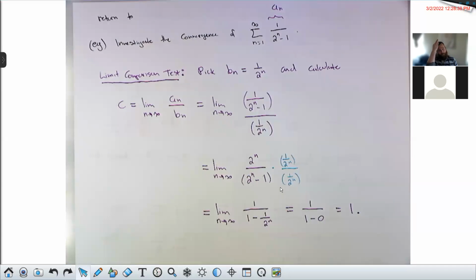We ask ourselves, is this positive and finite? Well, 1 is positive. It's a positive number. 1 is finite. Yep, for sure. Definitely 1 is finite.